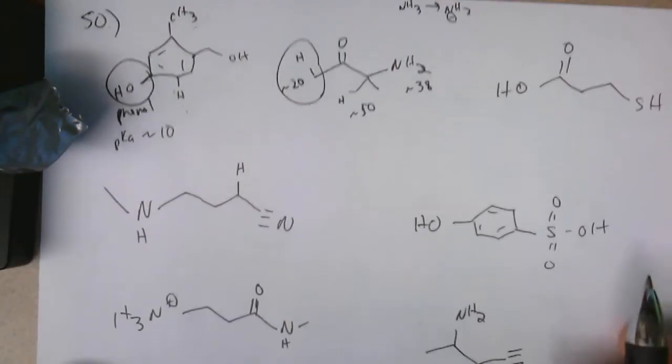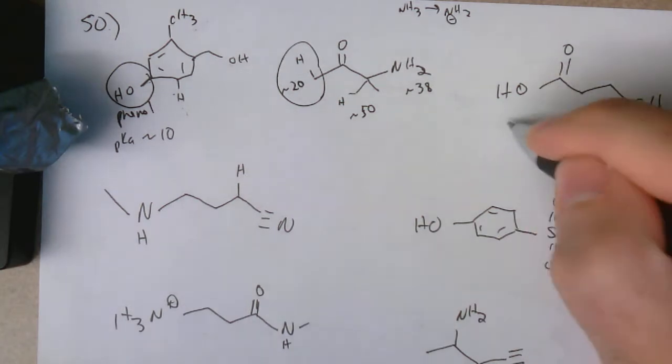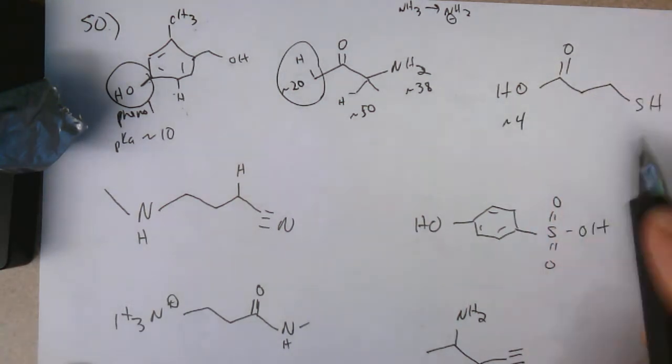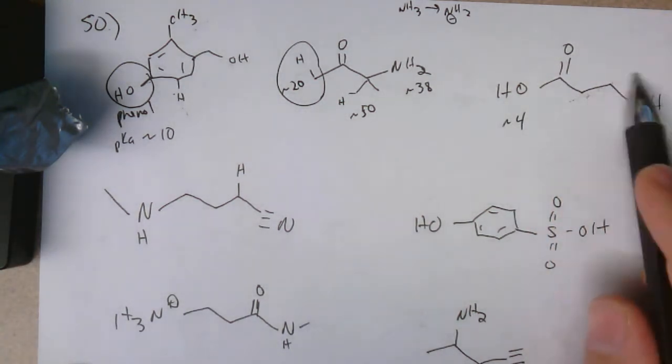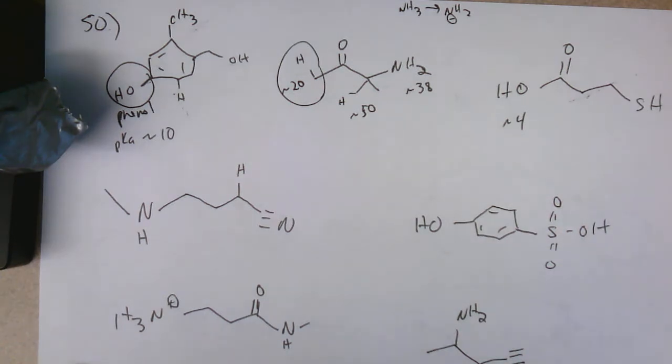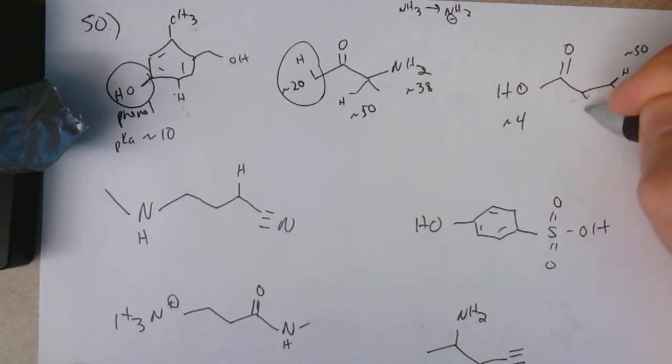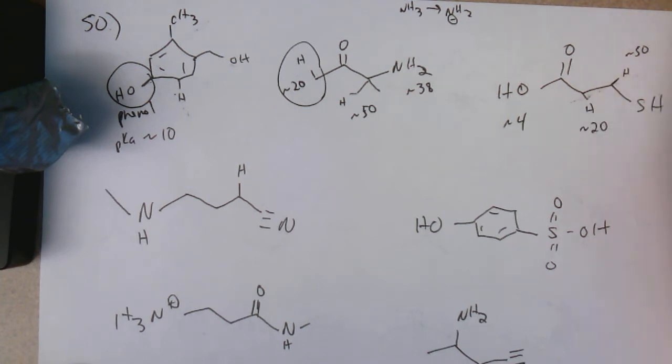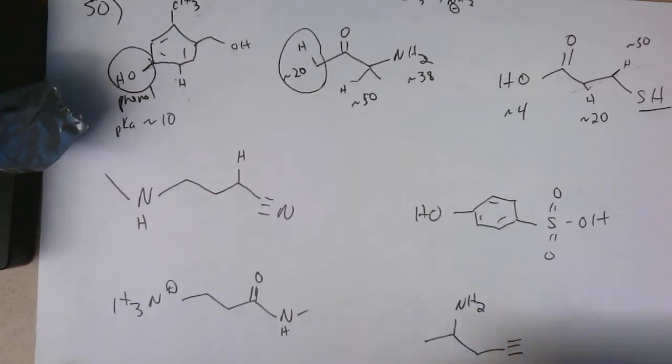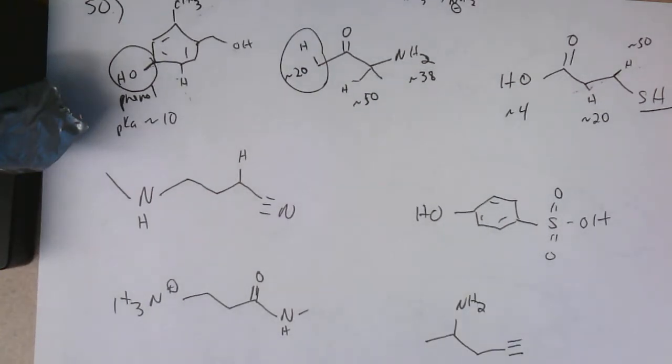Okay, next comparison, we have a carboxylic acid, which is about 4. We have alkane, which I hope we're starting to realize can be disregarded in most of these conversations. An alkane proton is just so weakly acidic that we're not really going to get much of anything, so this one would be about 50. This is a ketone hydrogen, that would be about 20. And then this is a thiol, so a sulfur version of an alcohol.